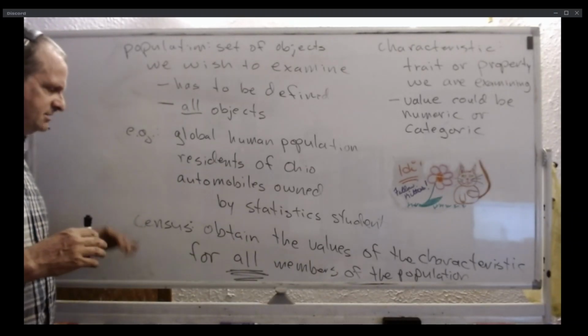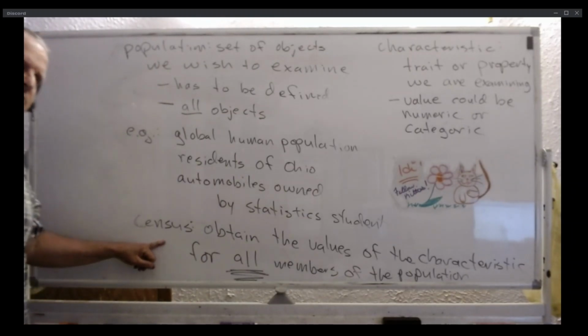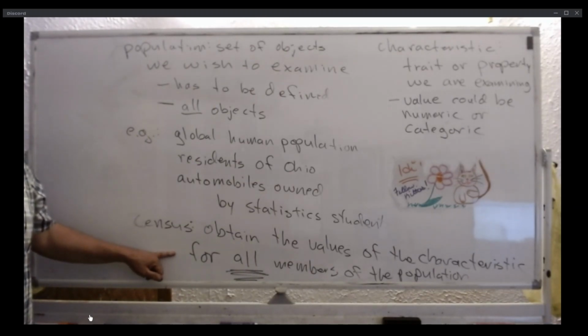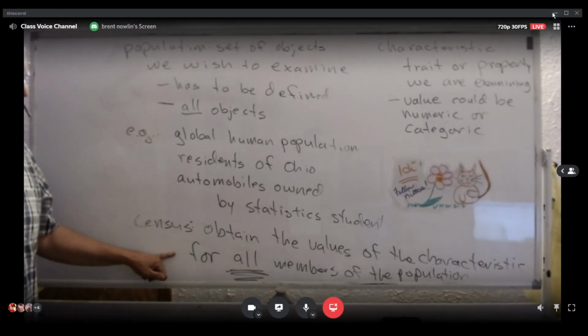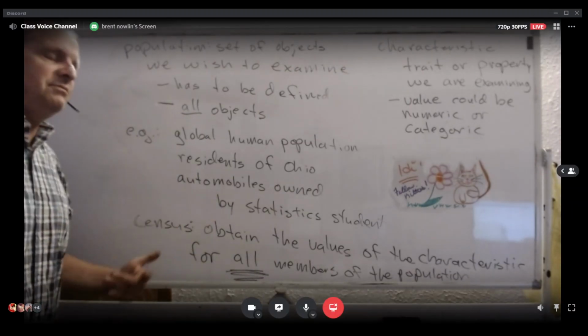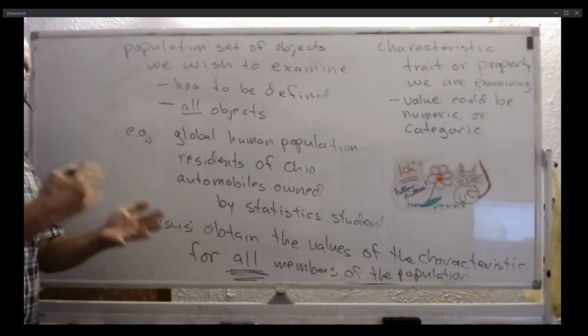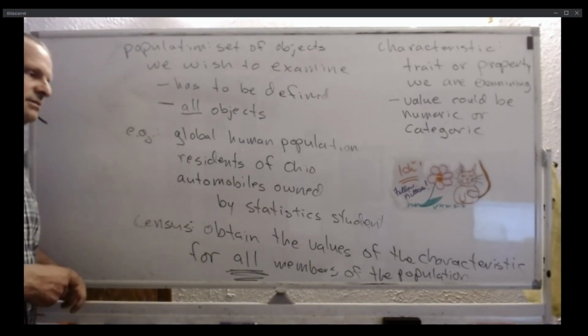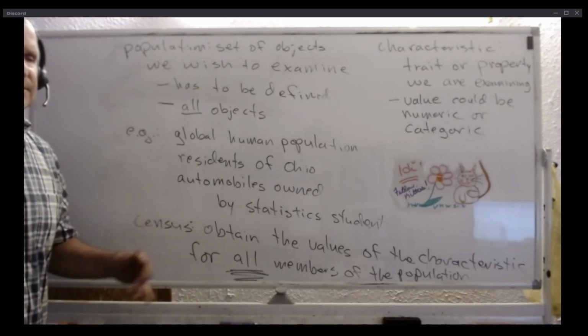So is that a true census? Does that fit our definition? Well, it's not being applied to a characteristic. It's applied to the whole population. Well, they're getting values of a characteristic, though. Oh, I see what you mean. Like how many people live at this address.